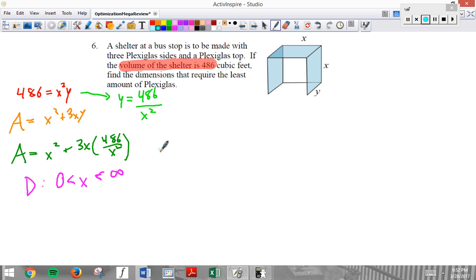So now I simplify. a equals, whoa, gross. Plus 3 times 486 is 1,458, something like that.